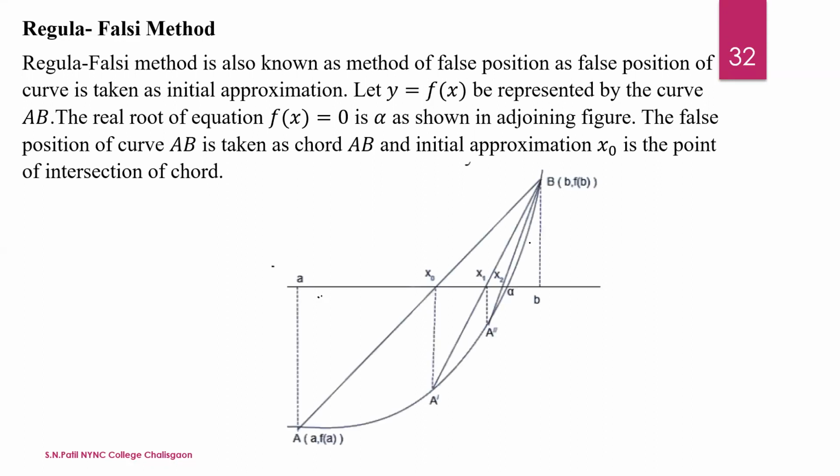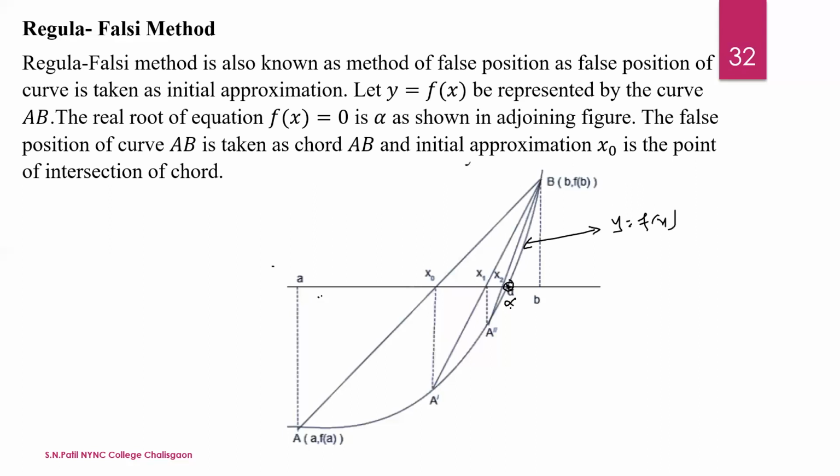See, this is y is equal to f of x, representing the curve, and here we join this curve at points A and B. Okay, and the root of this curve is alpha. See, the curve intersects the axis at this point, that is alpha.